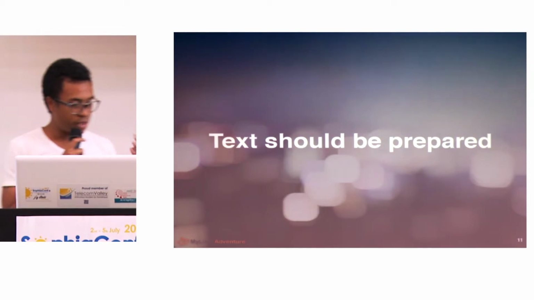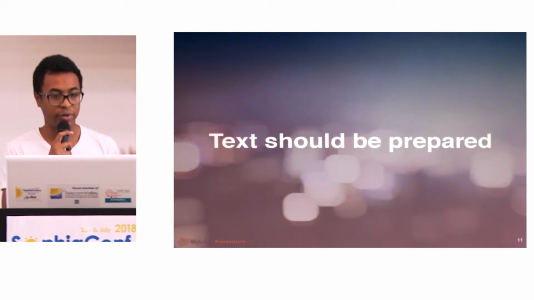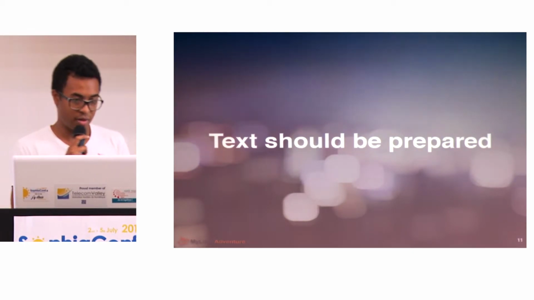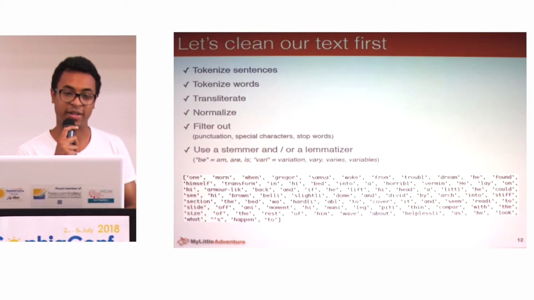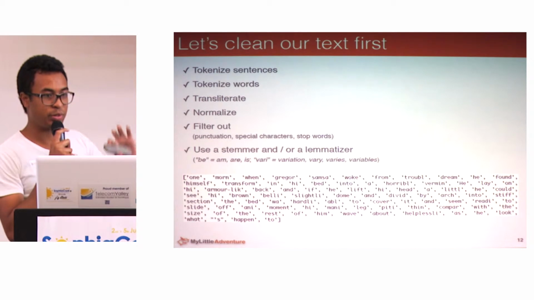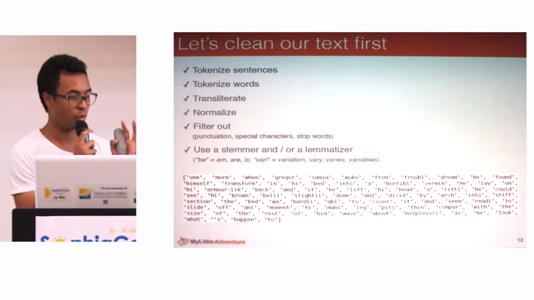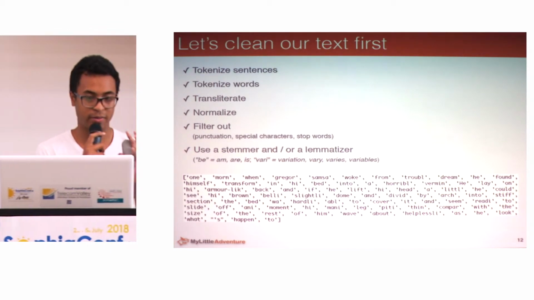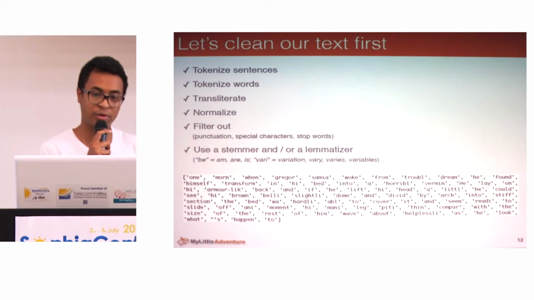So now that we know the obstacles that we can have, how can we handle these troubles? As we saw before, again, we need to prepare our text. I will be really quick about this, but we need to tokenize our corpus, our documents, in a way that our programs can handle. So we tokenize our document into sentences, then into words.